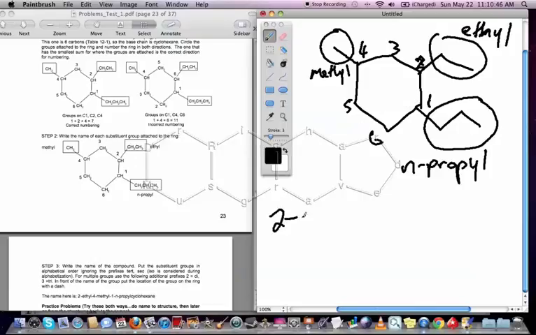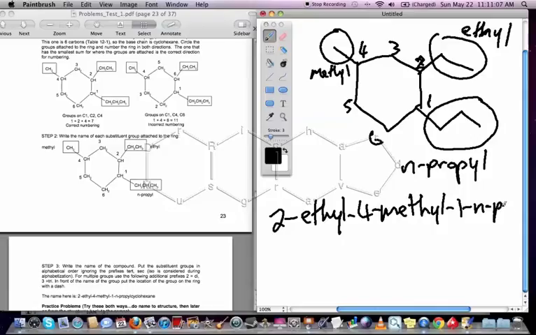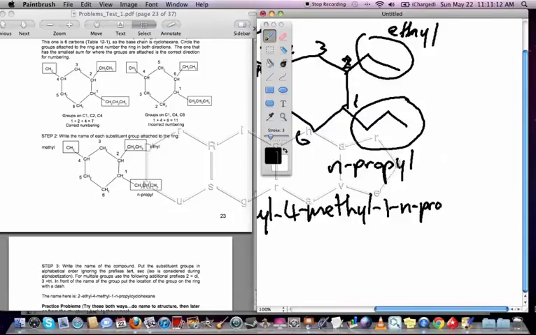2-ethyl, followed by 4-methyl, followed by 1-N-propyl, followed by cyclohexane.